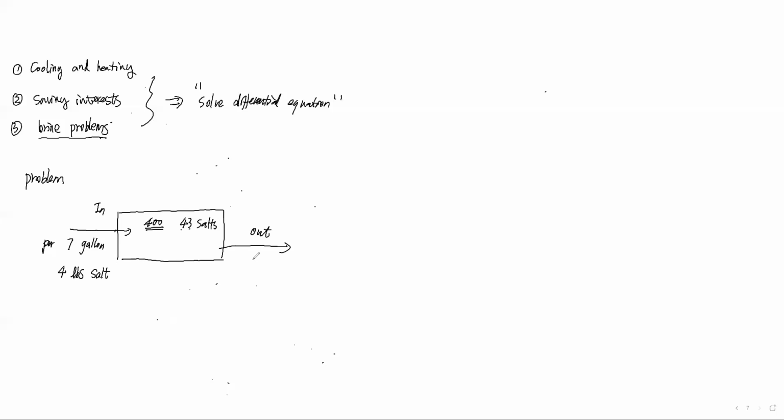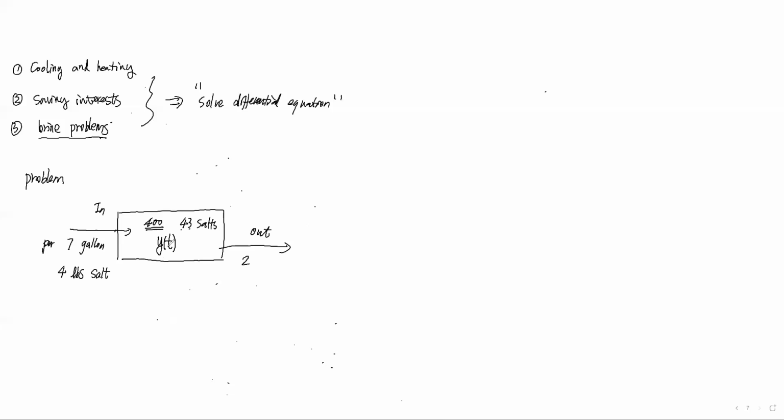And also per minute, we have 2 gallons of water or brine get out. So it's kind of like this. We assume at time t, the salt is y(t). So this is the salt.